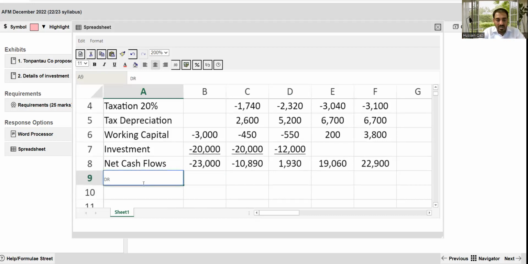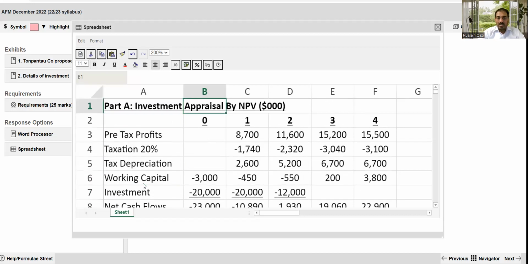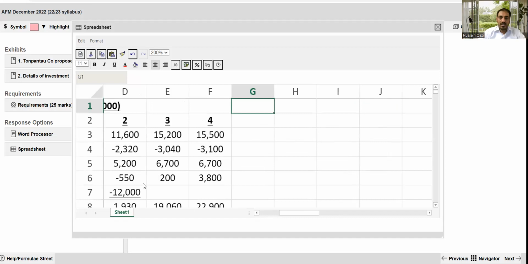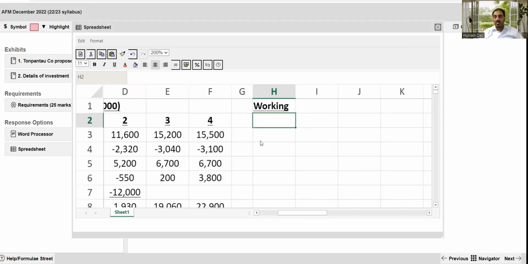Now the required discount rate. That's called WACC, and that requires a working. You have to mention the working. So what is the sequence for the working of the WACC?